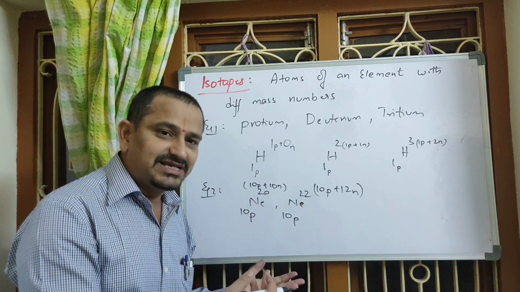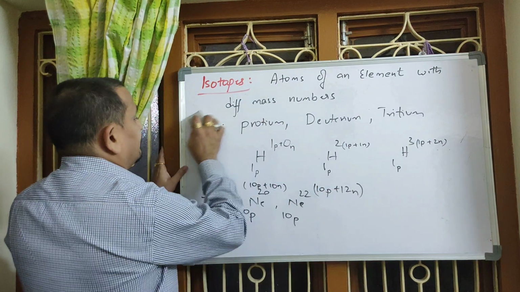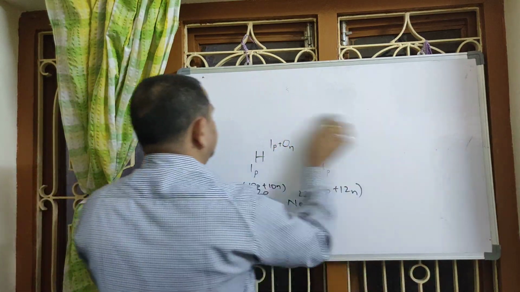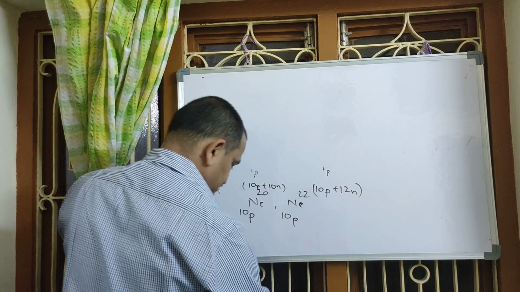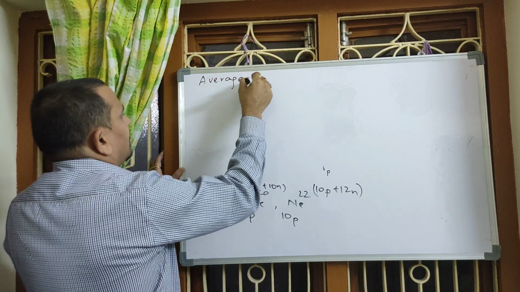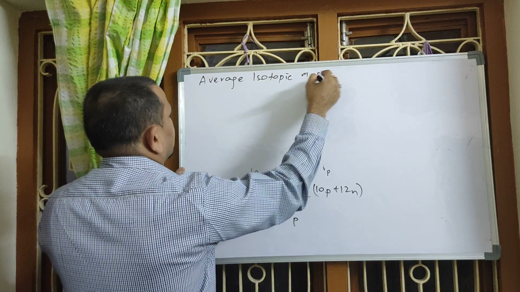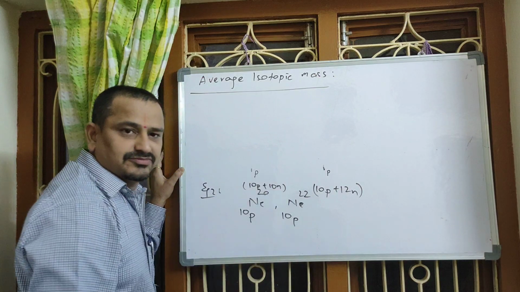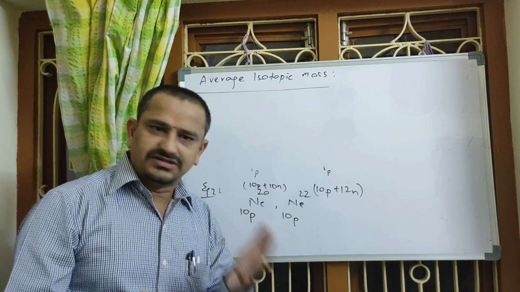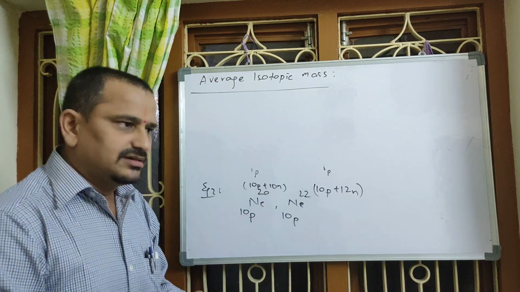Now, our concept is the calculation of average isotopic mass. Suppose a particular atom of an element has several isotopes.